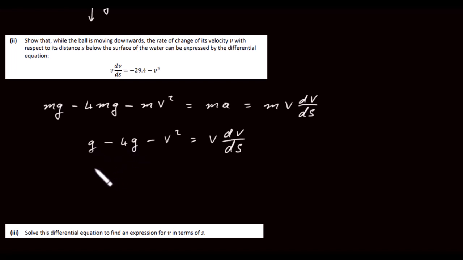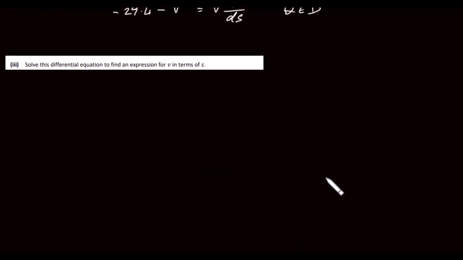If you do that on your calculator, 9.8 minus 4 times 9.8, that will give you minus 29.4. So you get minus 29.4 minus v squared is equal to v dv ds, and that's it really, that's all we have to do. Let's move on to the next one.